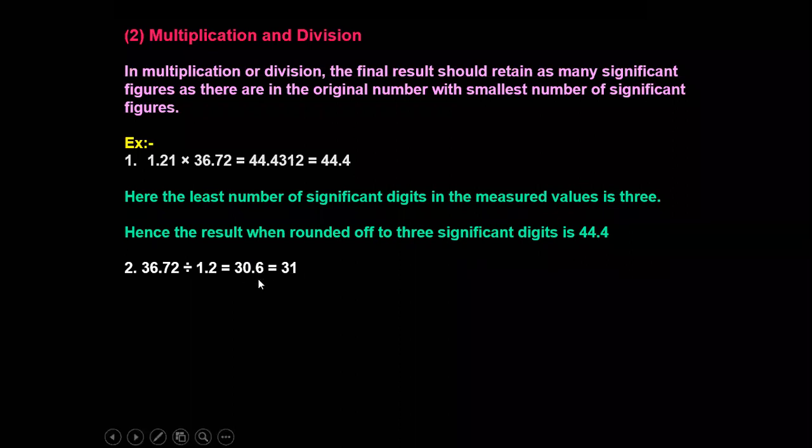Whatever result we got has 3 significant figures, so the 6 has to be rounded off. We look whether it is smaller than 5 or greater than 5. It is greater than 5. If it is greater than 5, the preceding digit has to be increased by 1. So this 30 becomes 31. Now the significant figures is 2. The smallest number has 2 significant figures, and the result also has 2 significant figures.